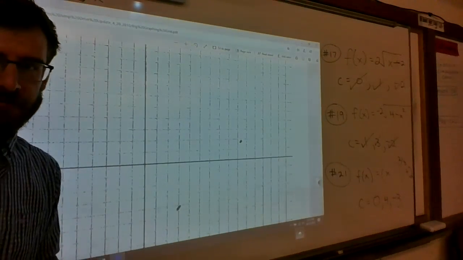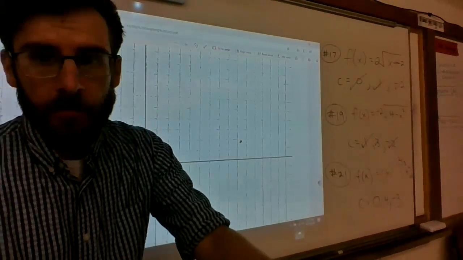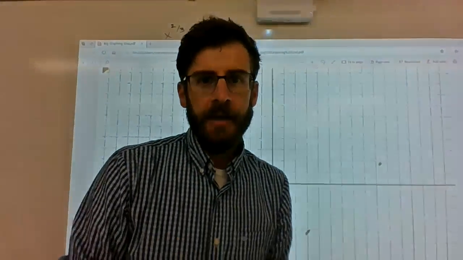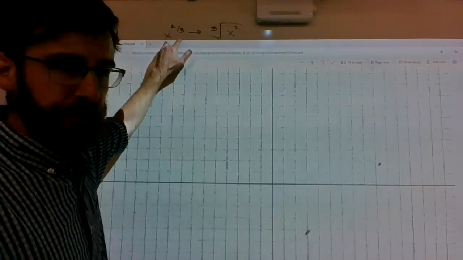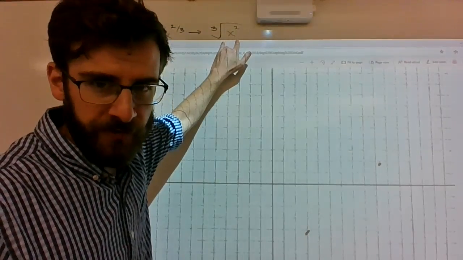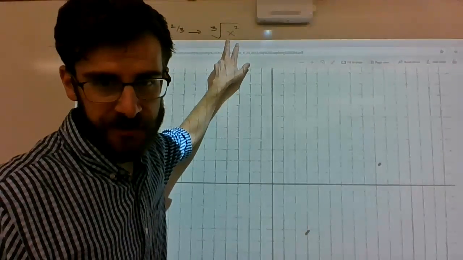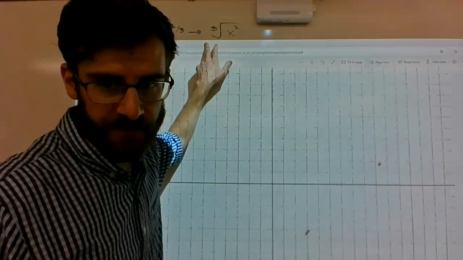X to the 2/3 is the same as saying we're taking the cube root of x squared. Can you guys see that? I don't think you could see what I was writing down. There we go. X to the 2/3 is the cube root of x squared. X squared makes everything positive inside this cube root. Cube rooting it keeps it positive.